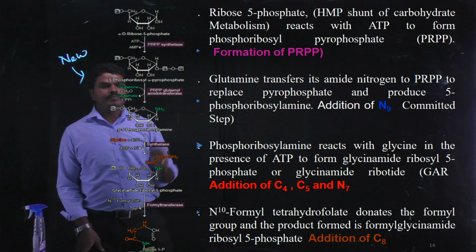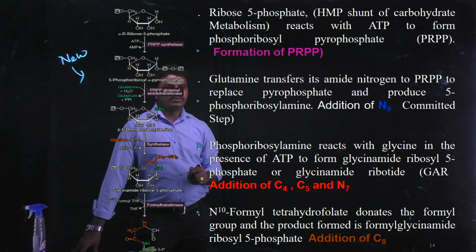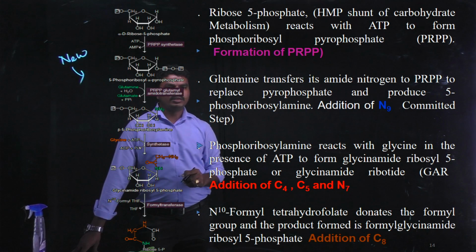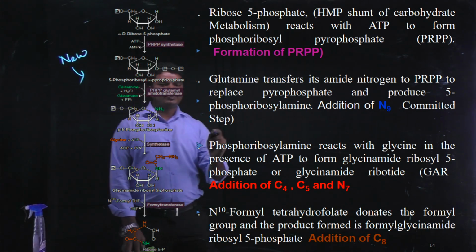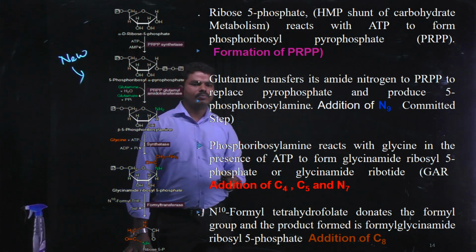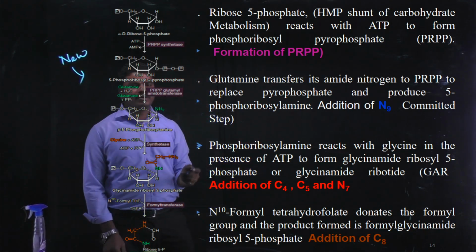So in this step there is a nitrogen group attached. So this one is considered as the committed step. And next, the phosphoribosyl amine is reacted with the glycine in the presence of ATP.